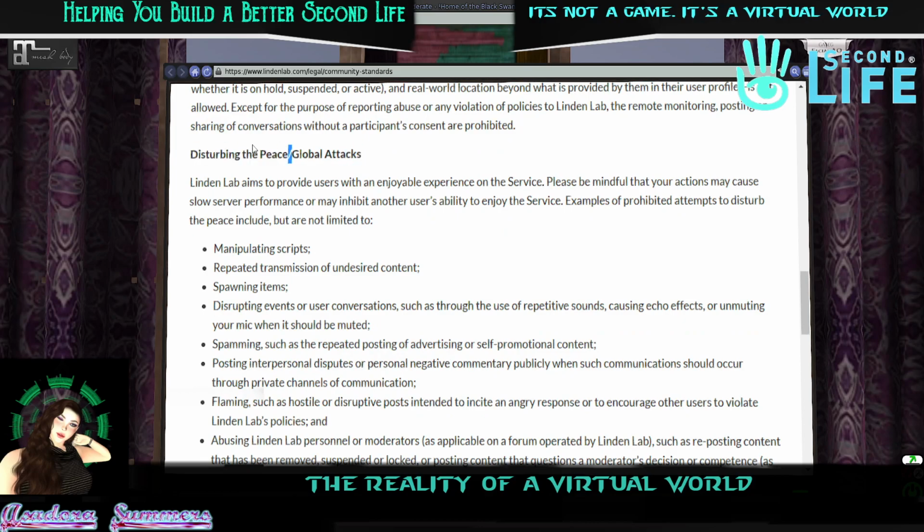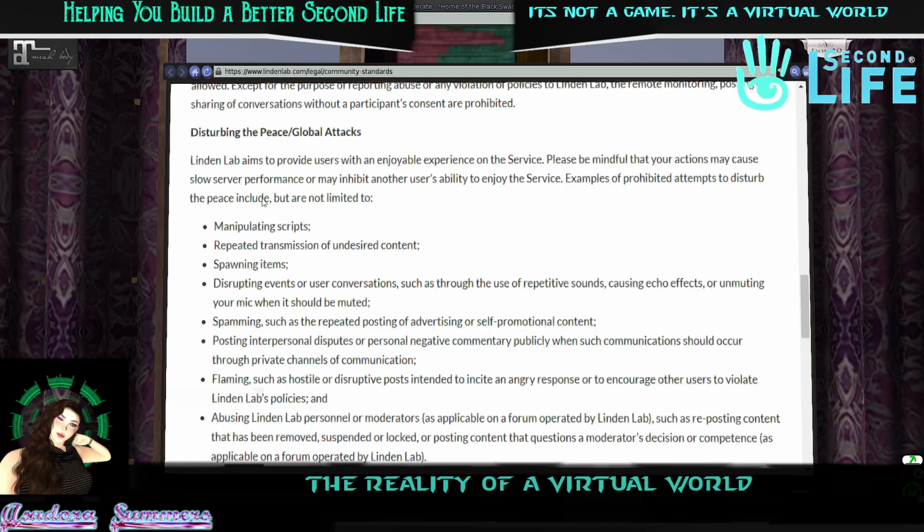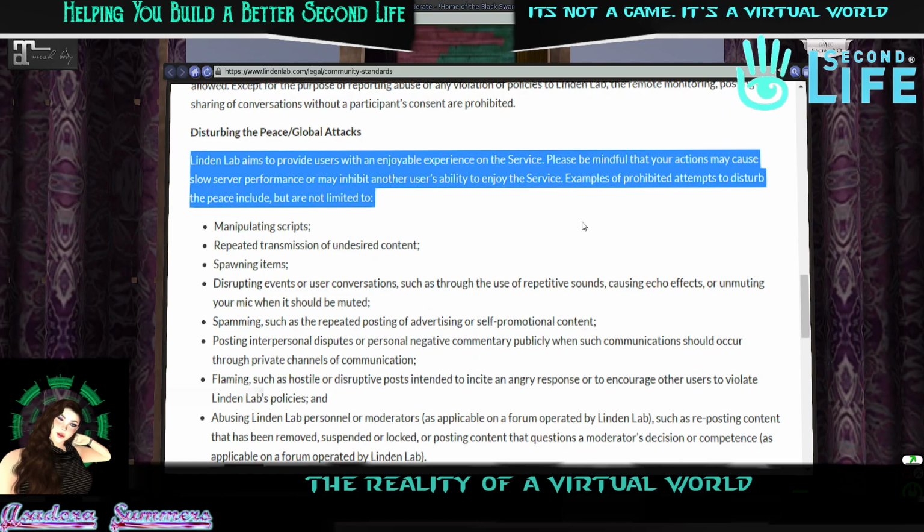Disturbing the peace, global attacks. Linden Lab aims to provide users with an enjoyable experience on the service. Please be mindful that your actions may cause slow server performance or may inhibit another user's ability to enjoy the service.